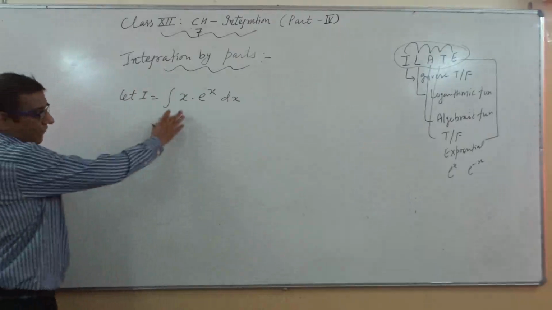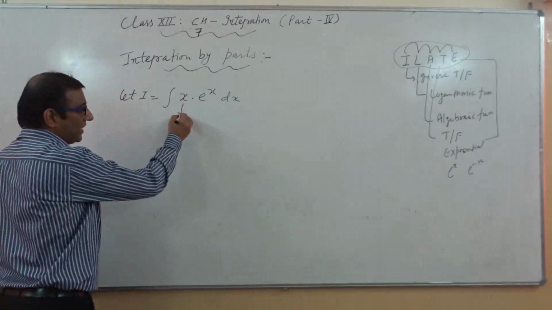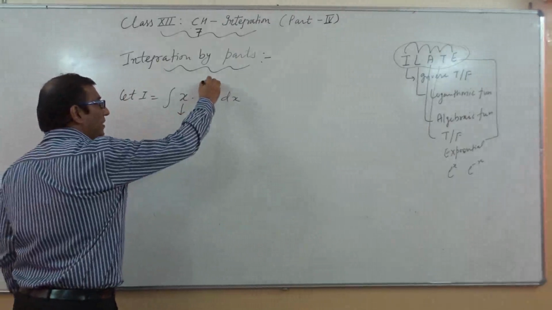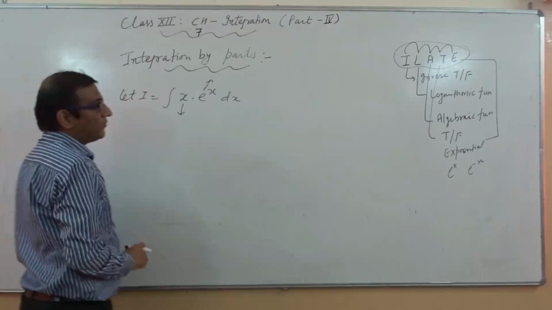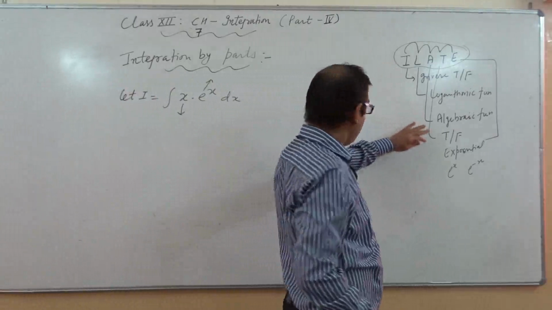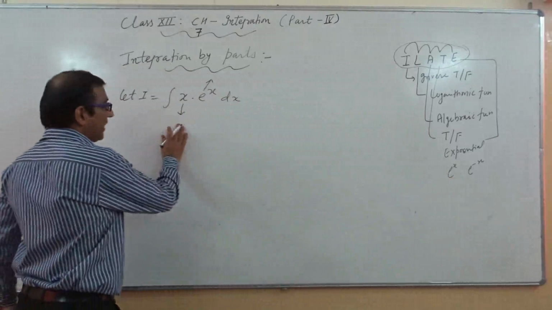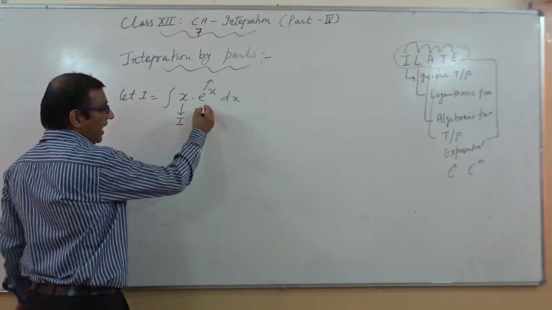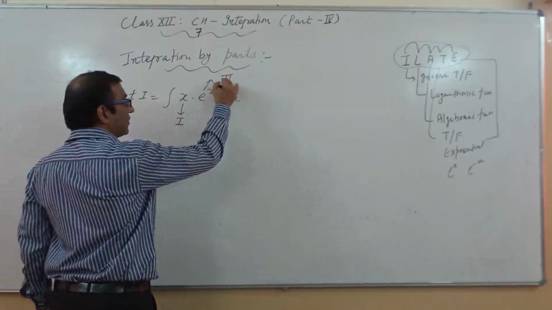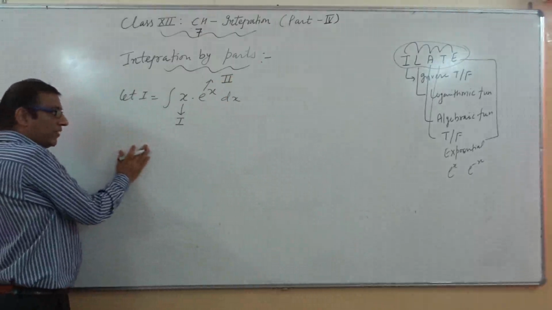If we see here, both functions are different. One is an algebraic function and the other is an exponential function. So as per the concept of ILATE, x is the algebraic function and e raised to the power x is the exponential function. So we will take x as the first function and e^x as the second function. Then we will apply the concept of first and second function.